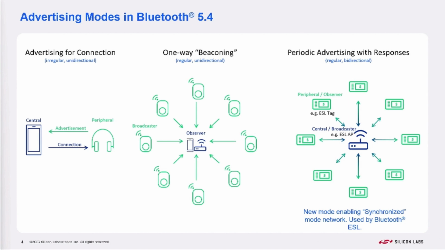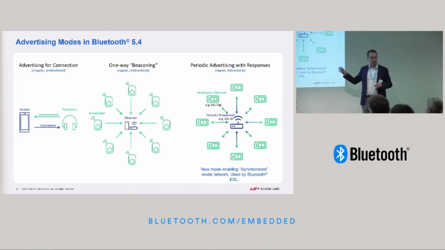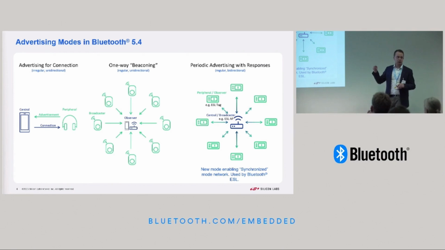Brilliant, job's done. The second is a beaconing type use case, where the central device, which can be an access point or a mobile phone, is listening for the beacons, advertising data from outside. That's regular but one-directional data, so you can't get the data back in a standardized way. That's what was missing on Bluetooth up to now.